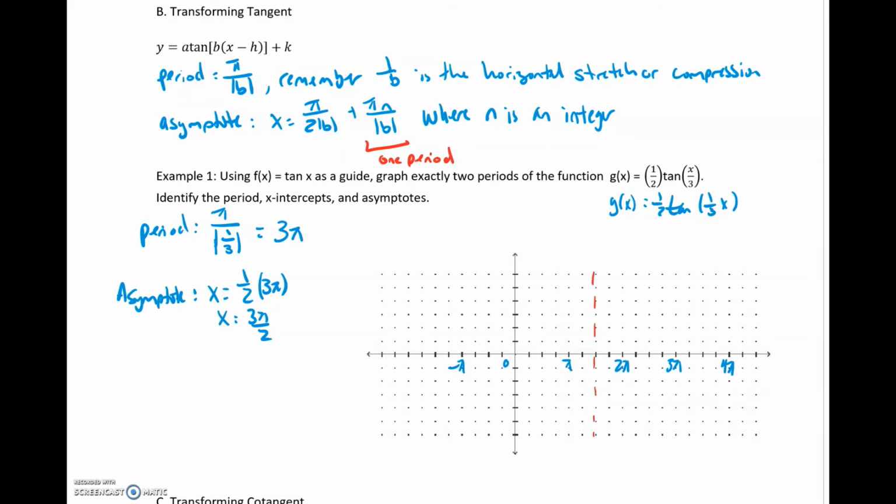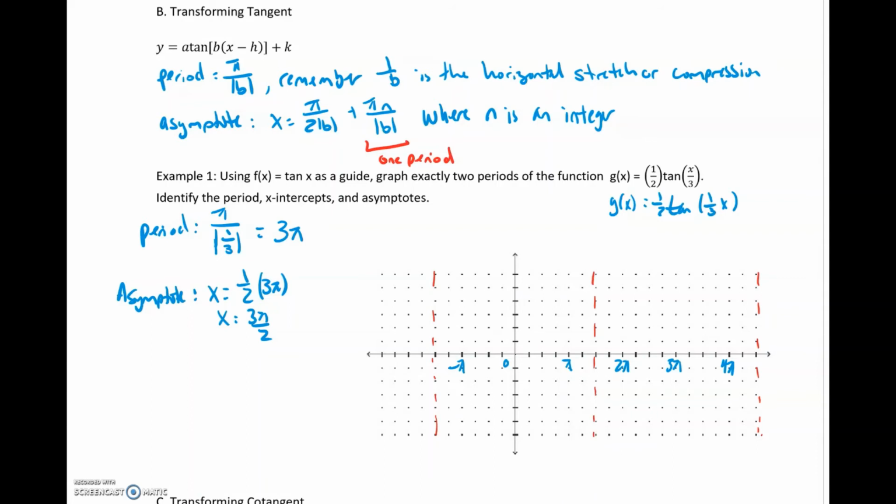If each of these tick marks is a quarter pi, 3 pi would be 12 of those marks. So then my next asymptote would be right here. All right. And then I can count 12 to the left. And then I get an asymptote right there as well.